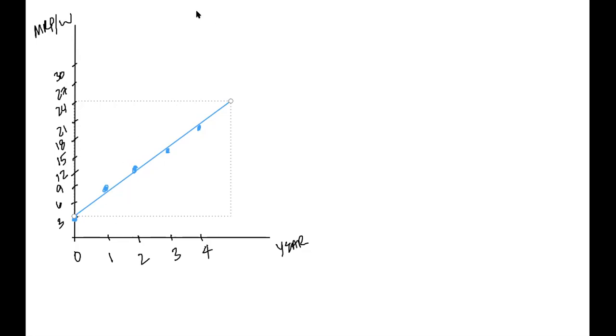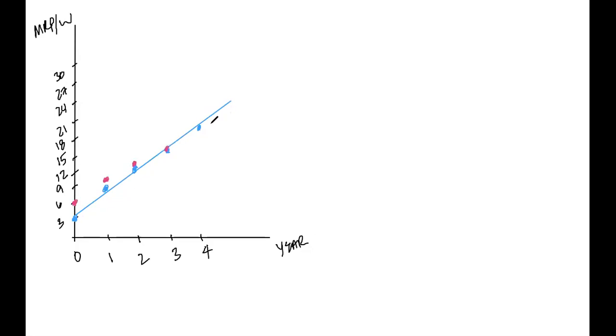Then the second line is going to be the marginal product. The marginal product for year 0 was 6. Year 1 was 10. Year 2 was 13.